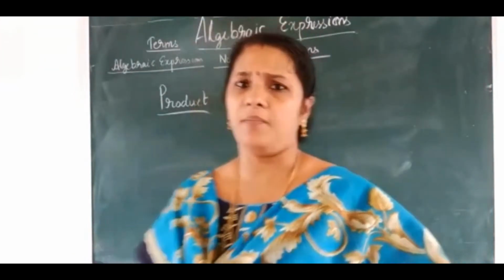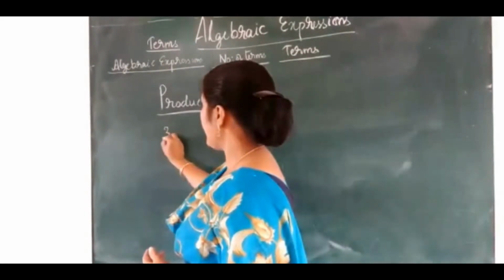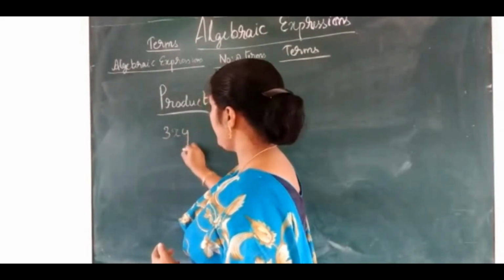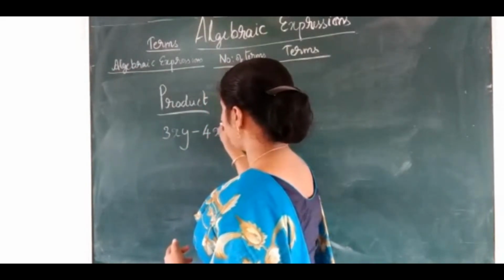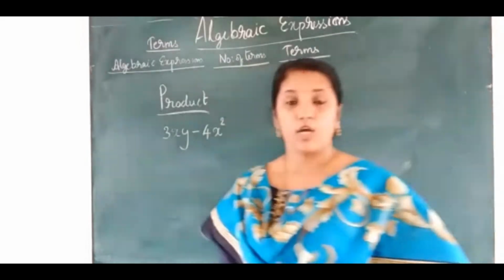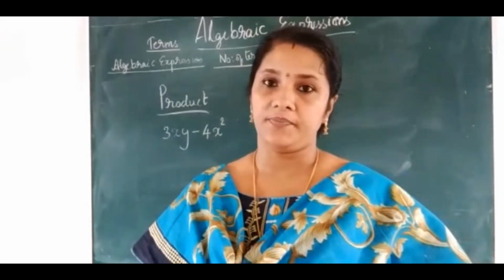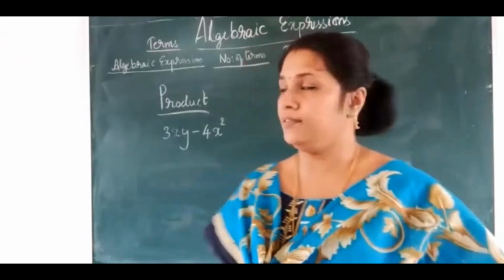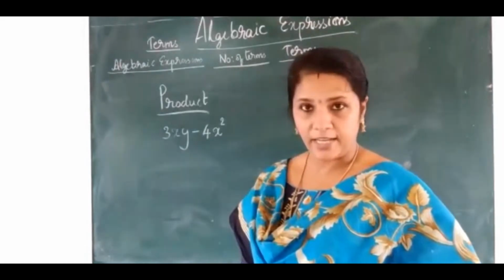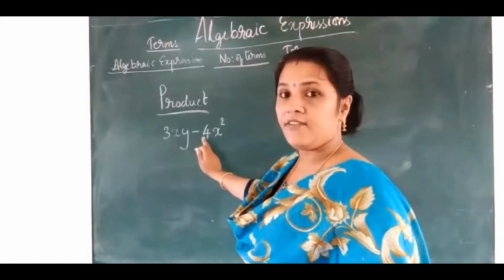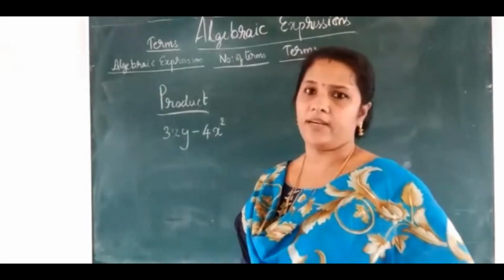Let's see some examples. Here I am going to write one expression, 3xy minus 4x square. There are two terms for this algebraic expression. The first one is 3xy. The second one is negative 4x square. Let's consider them one by one.